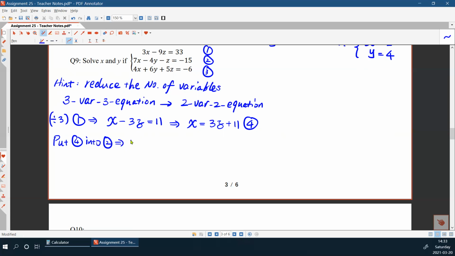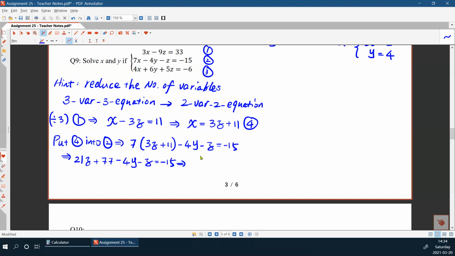That means 7 times x, where x is 3z plus 11, minus 4y minus z equals minus 15, right? This can be further simplified to 21z plus 77 minus 4y minus z equals minus 15, right?